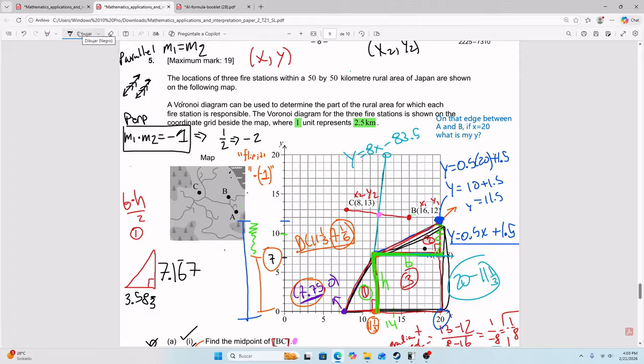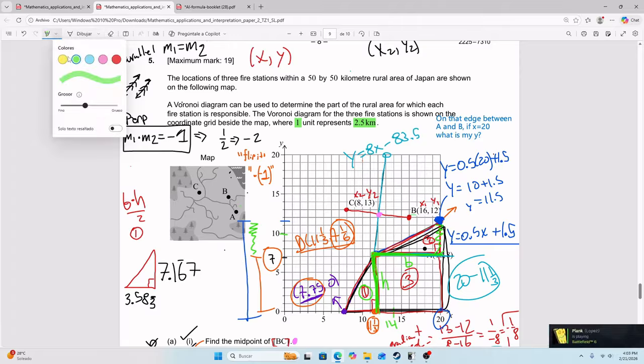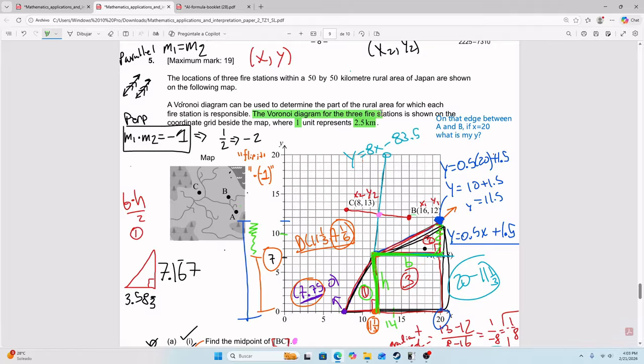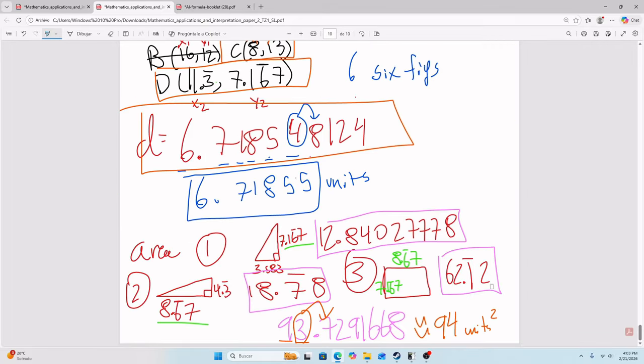We have that from the context of the exercise, the Voronoi diagram for the 3 fire stations. On the grid of the map, we have that 1 unit represents 2.5 kilometers. But because we are talking about units squared, you have to have clear that 1 unit equals 2.5 kilometers.